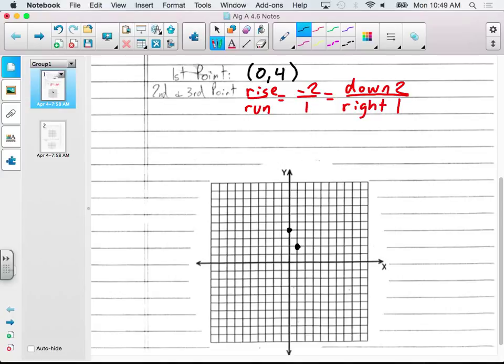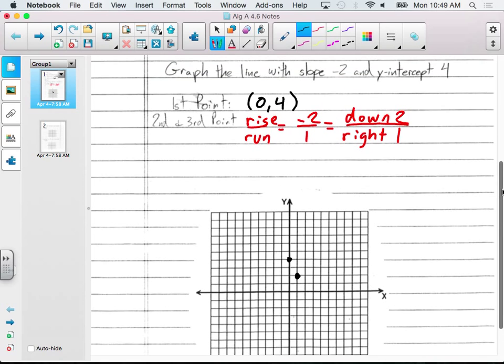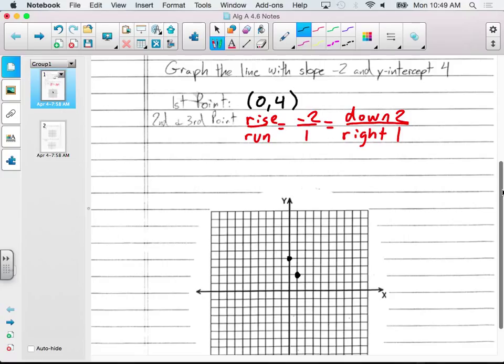Yes, Michaela? How do you know to go right or left? Well, the negative sign determines which way you go. So on our x and y axis, if we go up on our y, is that positive or negative? Positive. If we go up, our values are getting bigger, right?